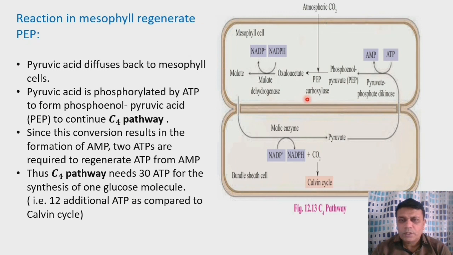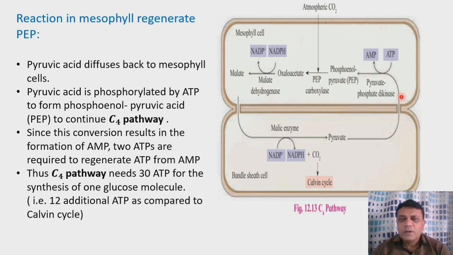So here we have seen that after the decarboxylation of malate or malic acid, carbon dioxide enters Calvin cycle to produce glucose, while the pyruvate or pyruvic acid which is produced is diffused back, or transferred back to the mesophyll cells, where this pyruvic acid or pyruvate undergoes phosphorylation.